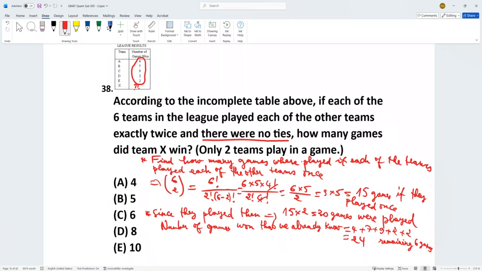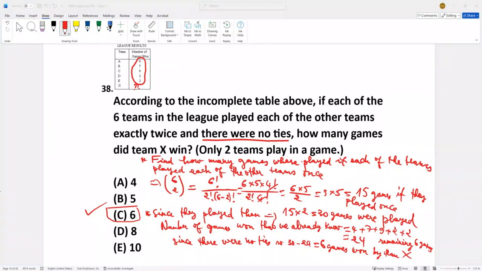And since we only have one team for which we don't know how many games they won, and since there were no ties, we can conclude that the 6 games correspond to the number of games won by Team X. So 30 minus 24 equals 6 games won by Team X. Answer C is the correct answer.